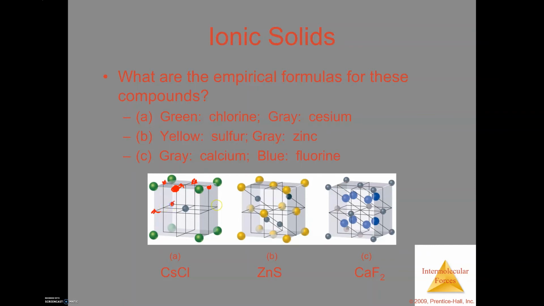In fact, there are 12 edges in a cube, so you would see your edges found here. Now remember, your edge is worth a quarter, and so you can figure out based off of the number of atoms that are found along the edges. So just keep that in mind.